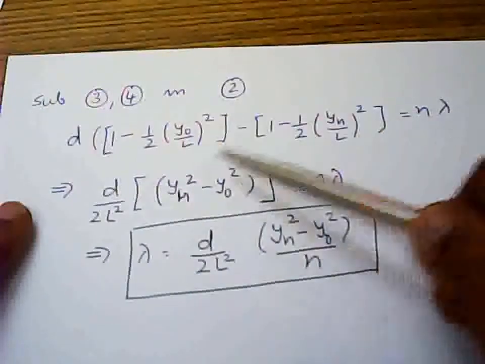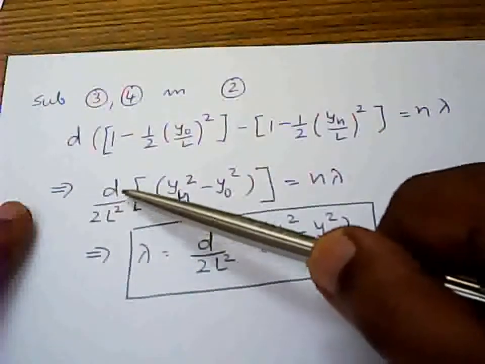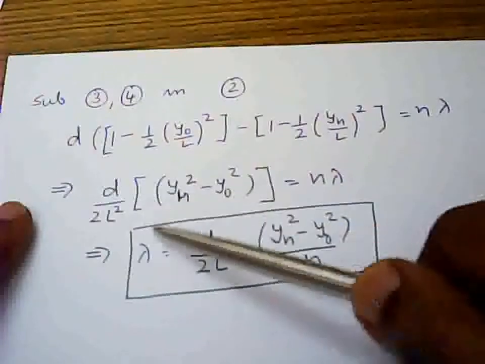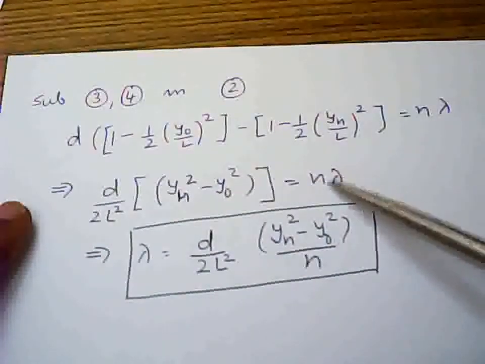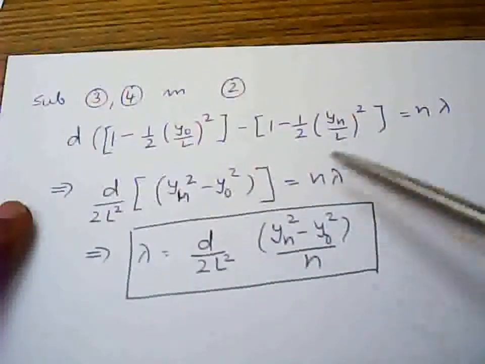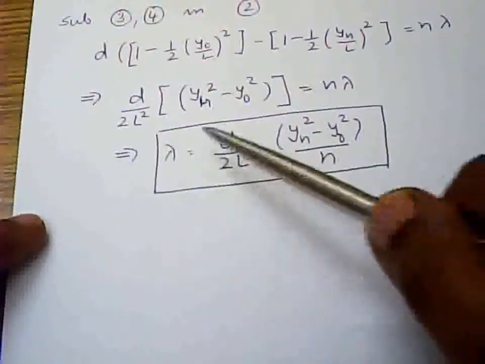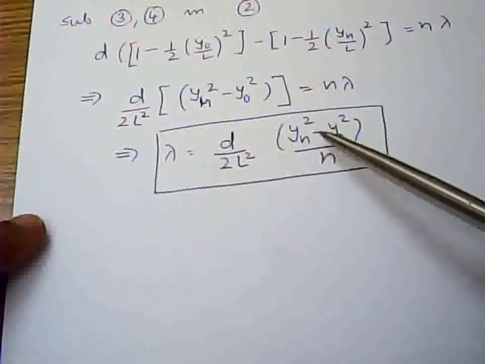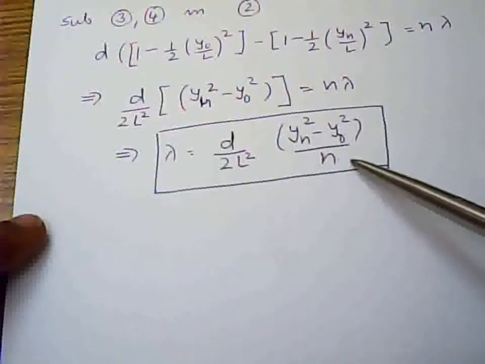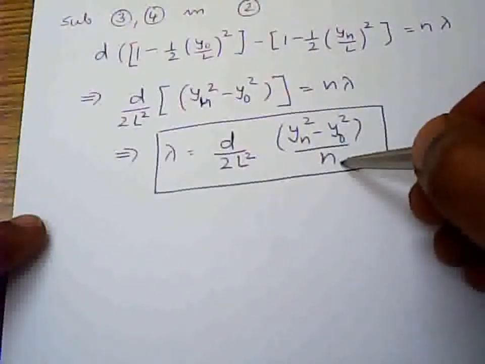If you expand this, I will get this expression: d divided by 2L squared into yn squared minus y naught squared is equal to n lambda. Rearranging, we get this very important relation: lambda is equal to d divided by 2L squared into yn squared minus y naught squared, divided by n, n being the order of the spectrum.